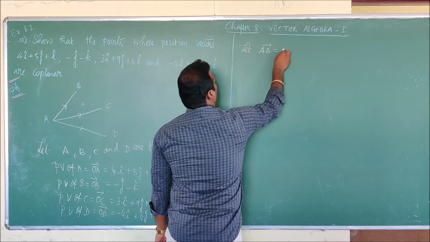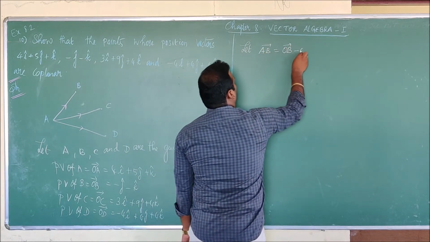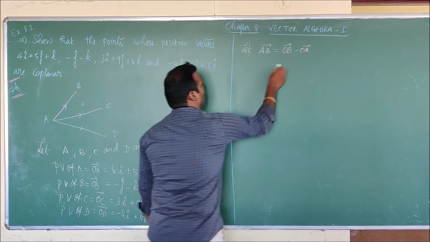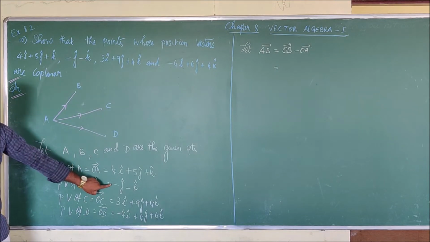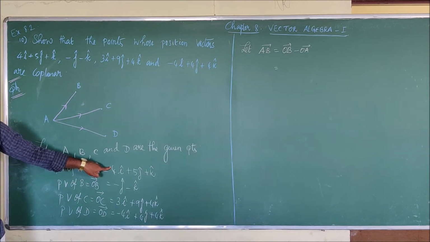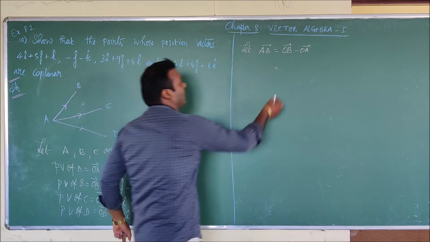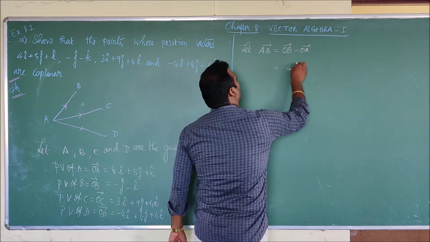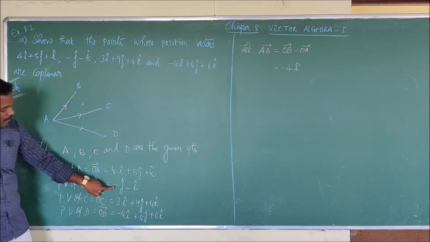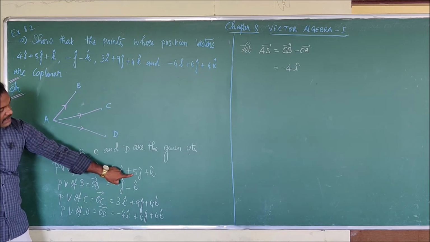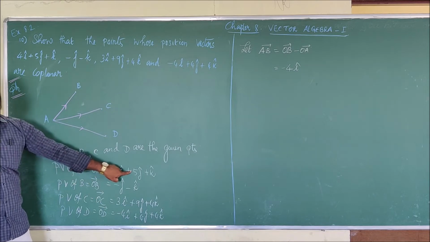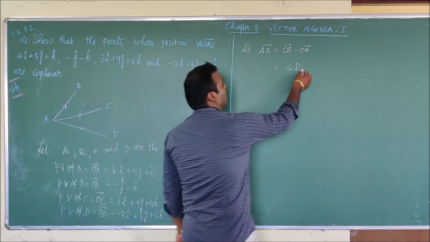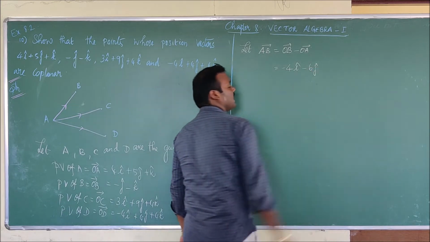Okay, first let me frame AB vector. So AB vector is nothing but OB vector minus OA vector. OB vector is here and OA vector is here. Here you do not have an i component, so 0 minus 4i cap is minus 4i cap. Next, minus j minus 5j is minus 6j cap.